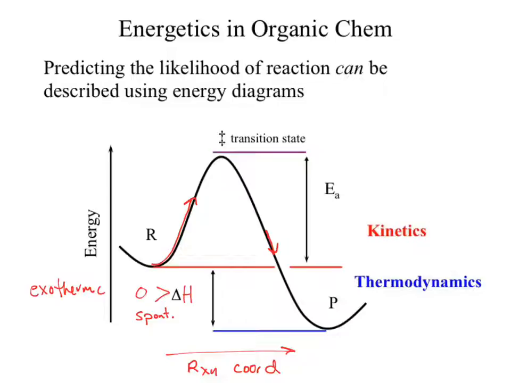Why not? The thermodynamics, it is exothermic actually, has nothing to do with how fast the reaction occurs. To figure out the speed of the reaction, I need to look at the activation energy, which is then tied to kinetics.